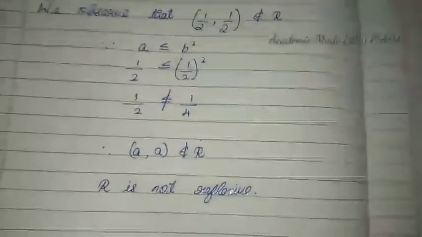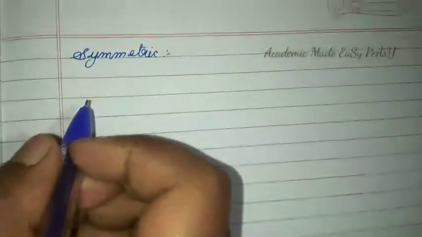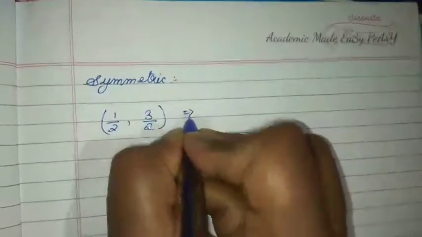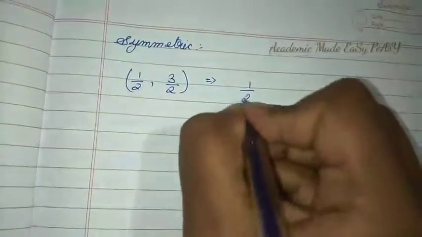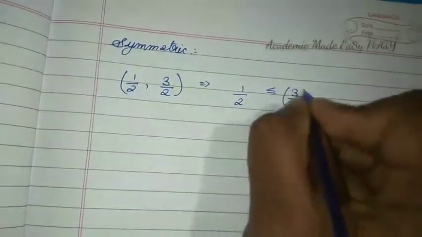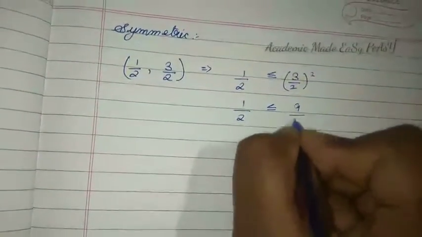It is not reflexive. To show it is not symmetric, as I've already said, the first condition for symmetric should be proven. So I will take an example that proves it. Okay, so I'm going to take (1 by 2, 3 by 2). When I apply it in the given condition, 1 by 2 less than or equal to 3 by 2 the whole square. So 1 by 2 less than or equal to 9 by 4.